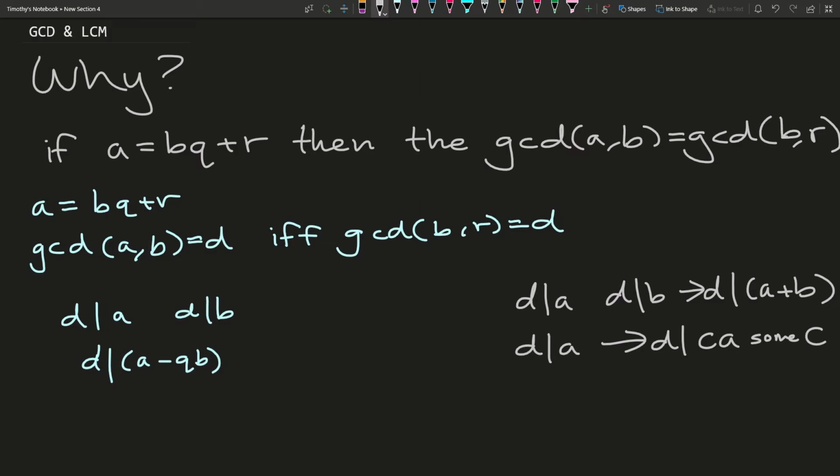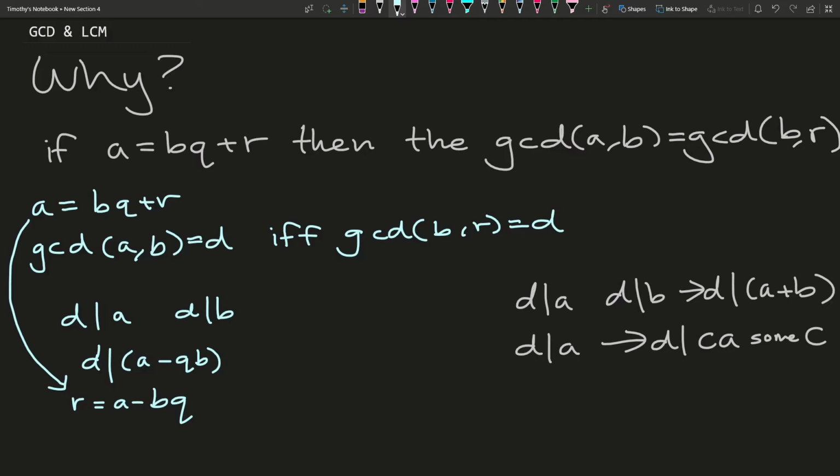And so if we take this back to our formula of A is equal to BQ plus R, what we can do is essentially write R. From here, we're going to rewrite R as equal to A minus BQ. You can see that's the same thing as A minus QB. It's simple multiplication.